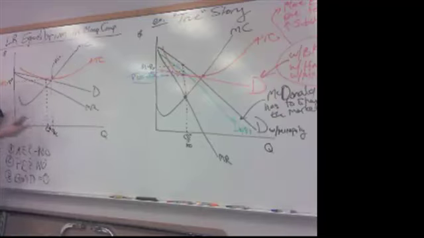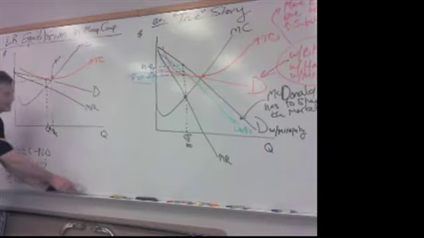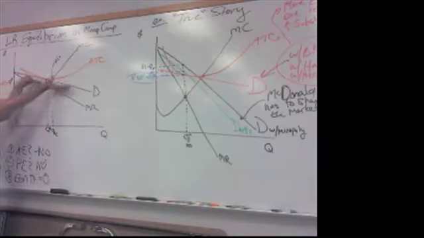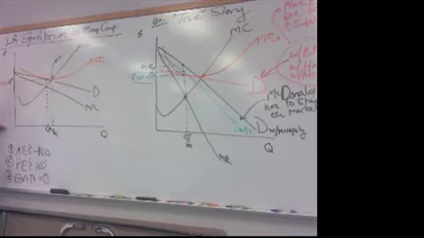We don't have the huge waste for society that we did with the monopolist, because the availability of substitutes is nice in that it gives the consumers variety, but also the flatter this gets, the more we have the market quantity drifting to the right. So I wanted to add that onto this.